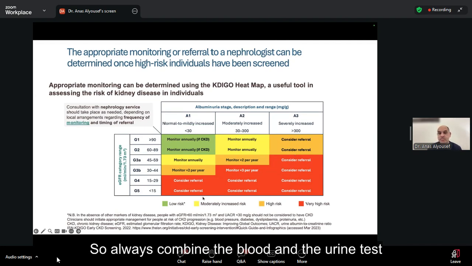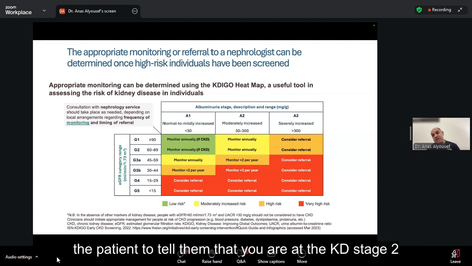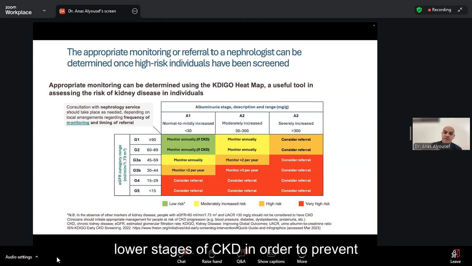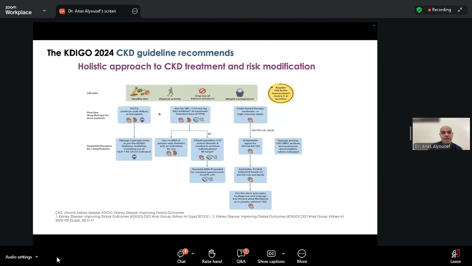So always combine the blood and the urine test and put the patient on this heat map, and sometimes help the patient to tell them that you are in CKD stage 2, A1. We don't want you to go into the A2 or A3 or lower stages of CKD in order to prevent dialysis.